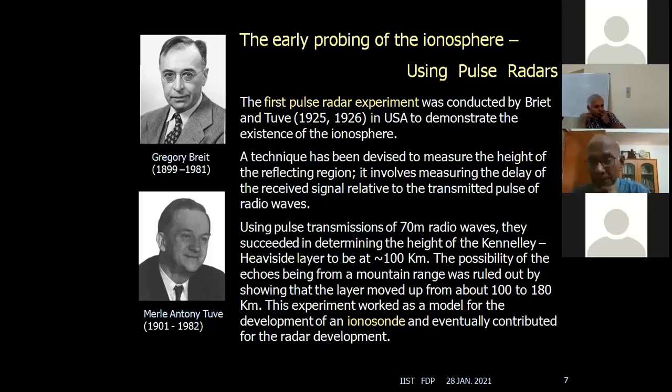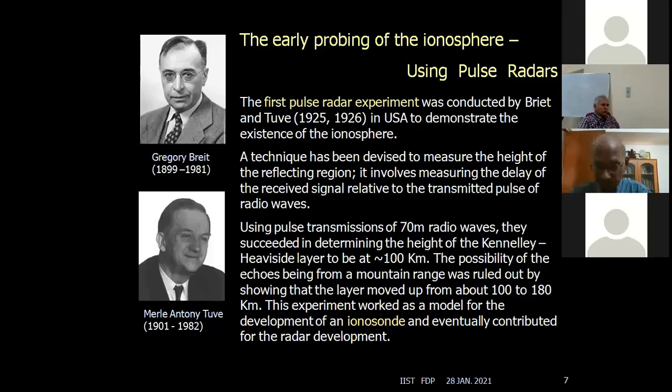They knew that in order to detect and find the range, you require an electromagnetic pulse to travel, and it gets reflected or scattered from the target and comes back to the receiver. So you find out the time delay for the radio pulse to travel and come back. From that, you can find out the range.